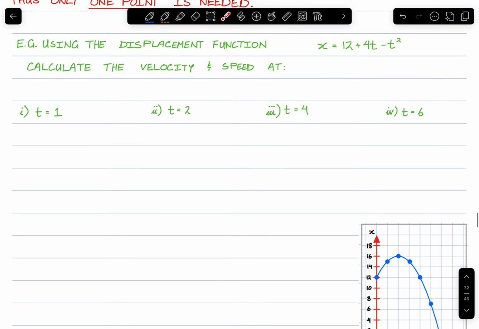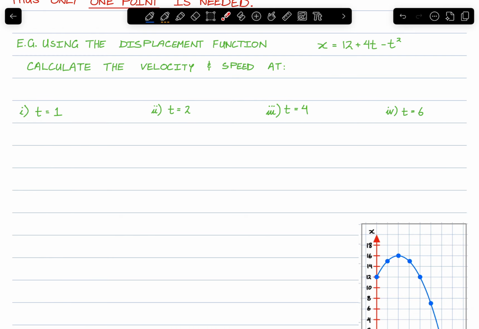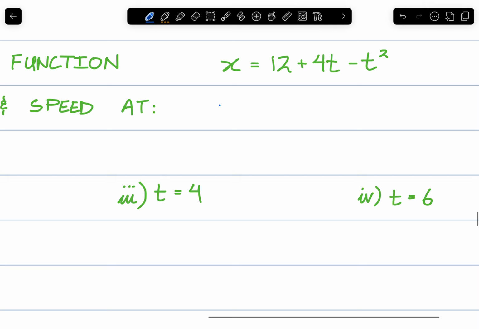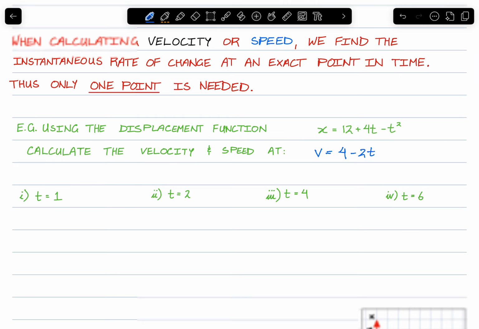So let's get to an example and I'll talk you through the idea of perspective of velocity and speed. Since we need velocity, we need the velocity function once again. For this one, the velocity is equal to the derivative of this function, so 4 minus 2t.